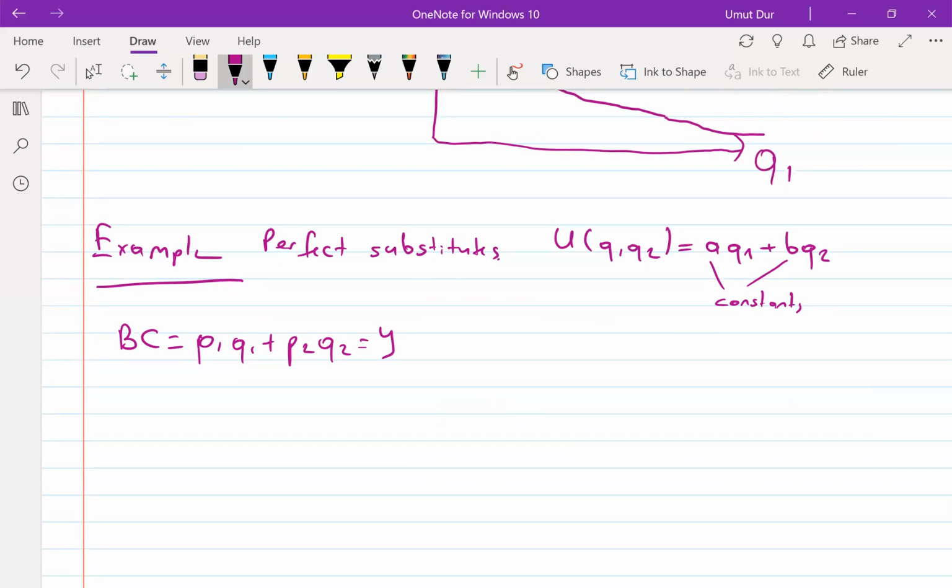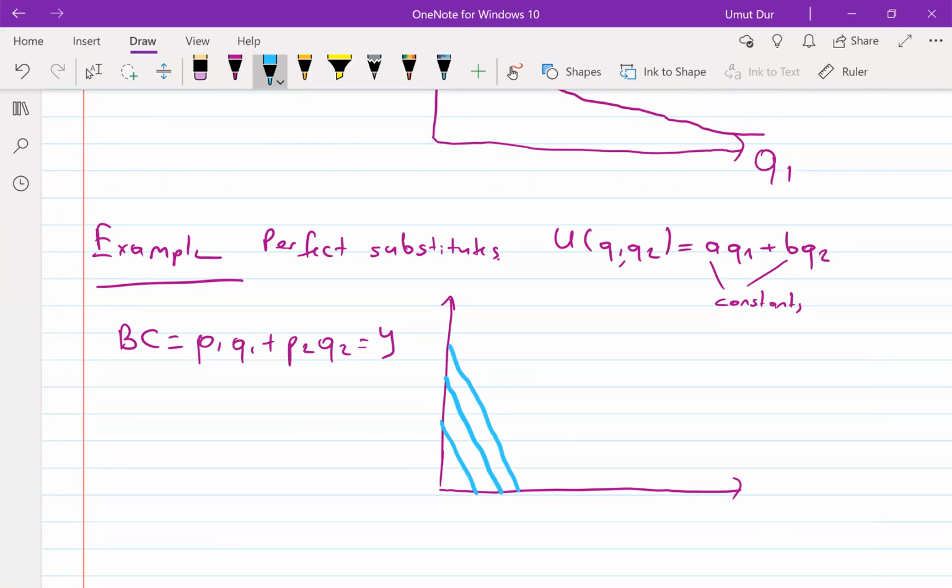Before deriving the demand function for Q1, let's think about what the indifference curves look like. Here the indifference curves will be straight lines, something like this.